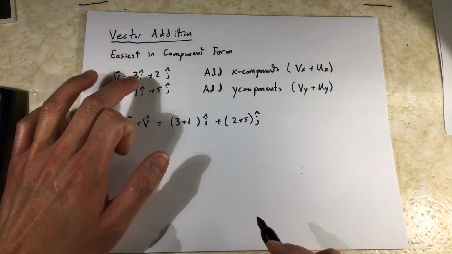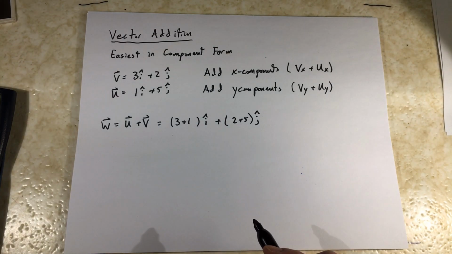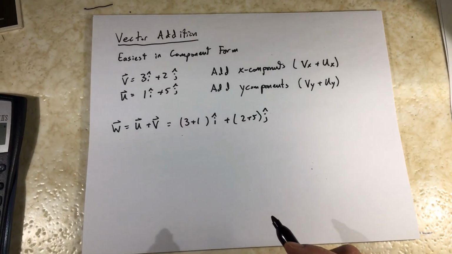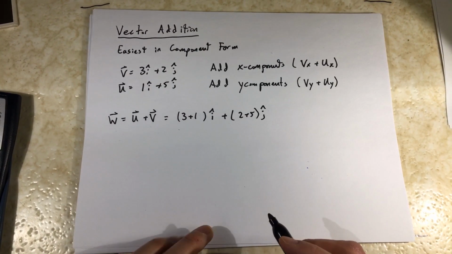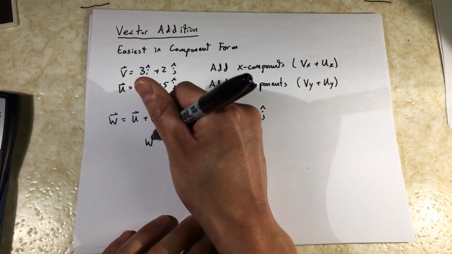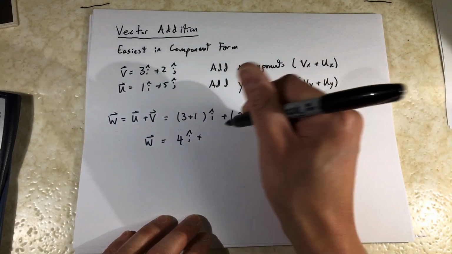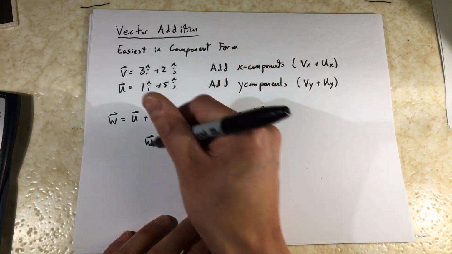So you can only add x components to x components, and you can only add y components to y components. What you get is 4i hat plus 7j hat.